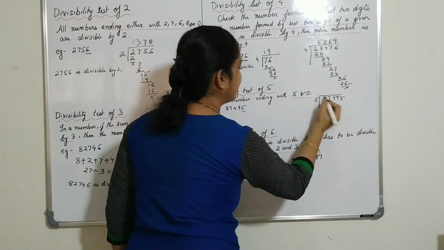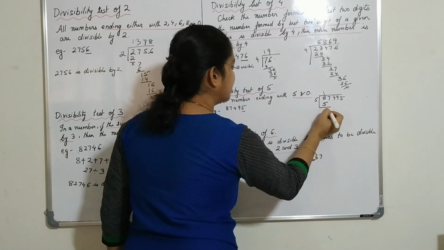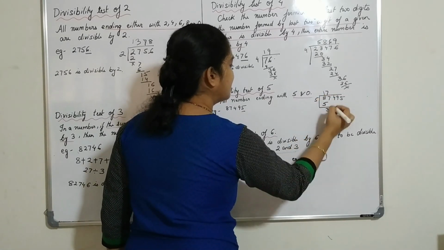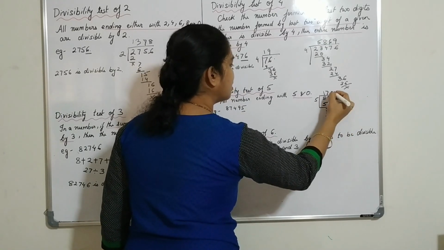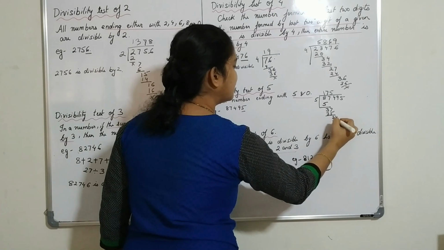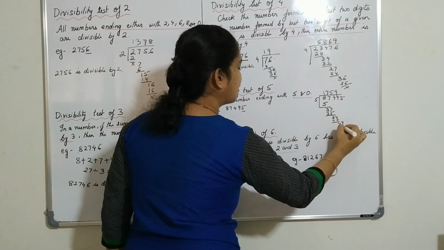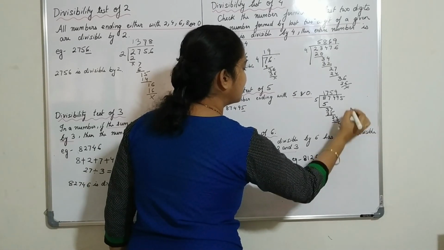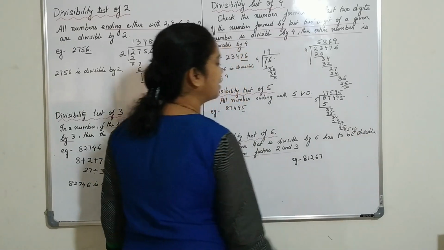87495 divided by 5. 5 ones are 5, 5 7s are 35, 24, 5 4s are 20, 49, 5 9s are 45, then 45, 5 9s are 45, no remainder.